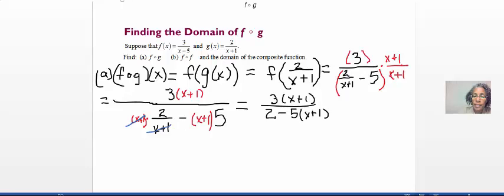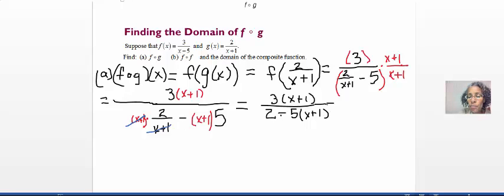What you want to avoid at this stage is the temptation to divide out these x plus 1s. You cannot do that because x plus 1 is only multiplied by part of this denominator, not by every term. Once you've divided this x plus 1 in the denominator by this x plus 1, you no longer have an x plus 1 involved here. You simply have a 2.